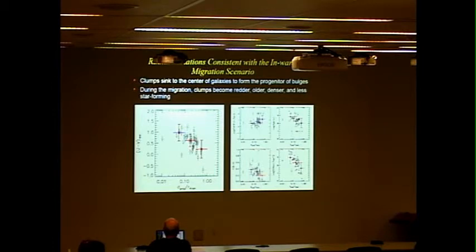So it looks like when clumps go into the center, they become redder, denser, older, and the star formation rate decreases. This result is consistent with the scenario that once you form the clumps, due to whatever reason, the clumps tend to migrate into the galactic center to merge and form the bulge in today's disks.